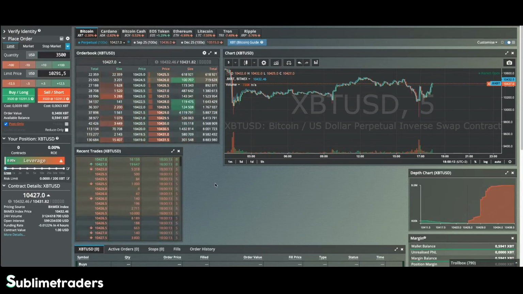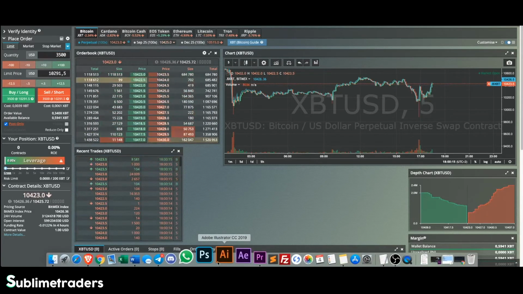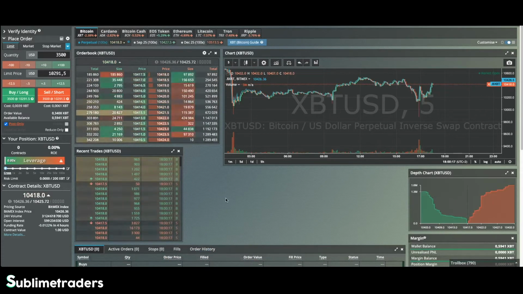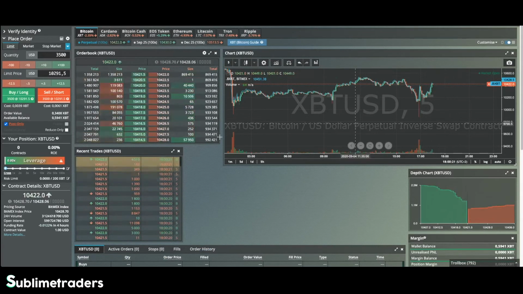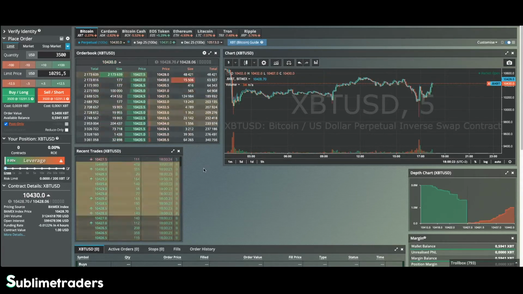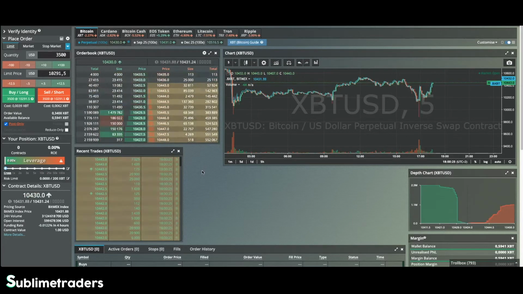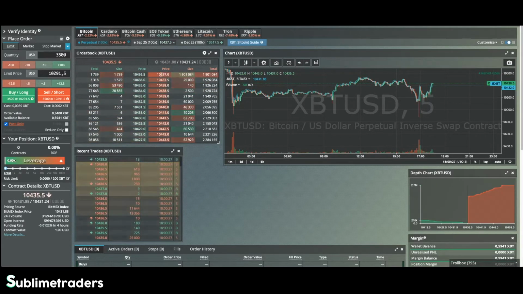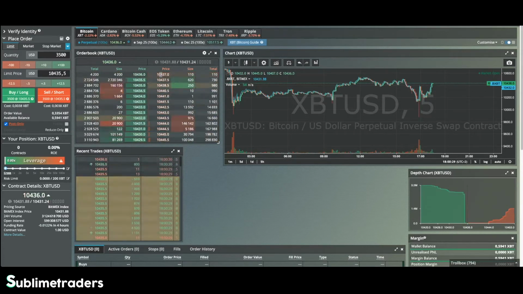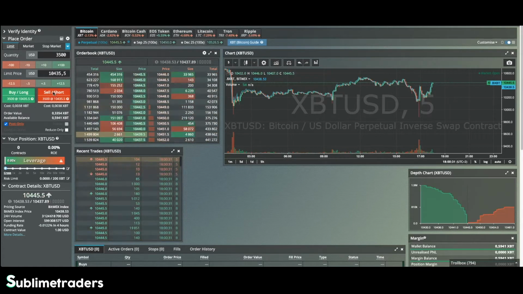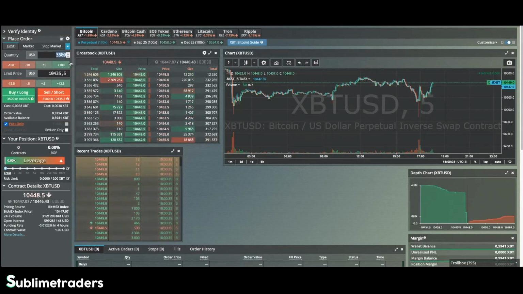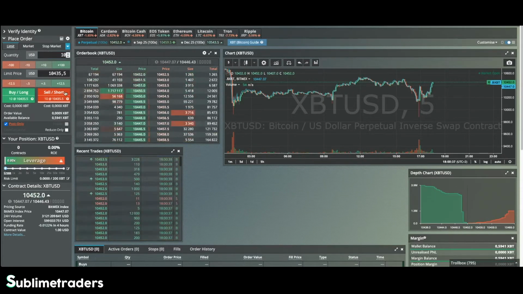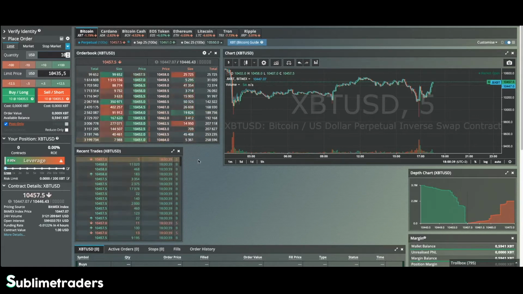So let's imagine that we have a signal on our indicator. We just received the signal on our Telegram channel, and we want to enter a short. So right now, if I want to short really fast, I will click right here on the highest seller, and I will sell short with the post only checked on.